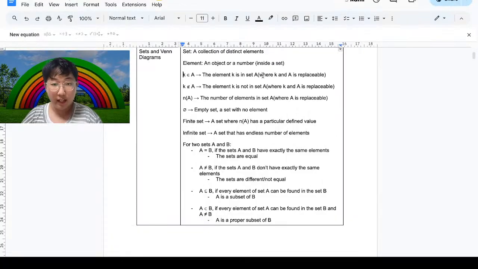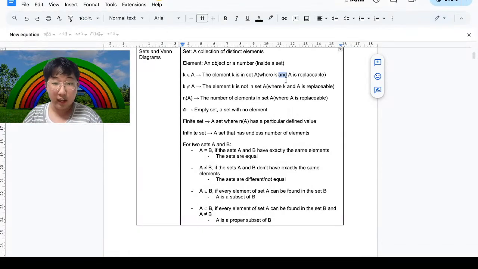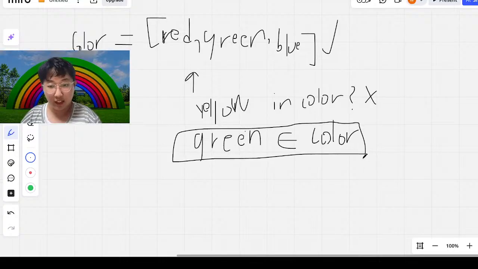That's why k is replaceable by the color green or one of the elements, and A is replaceable by the name of the set, which is color.